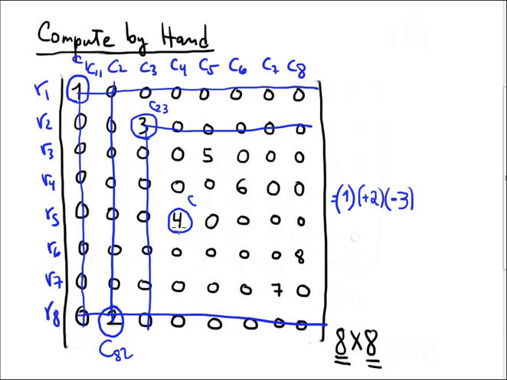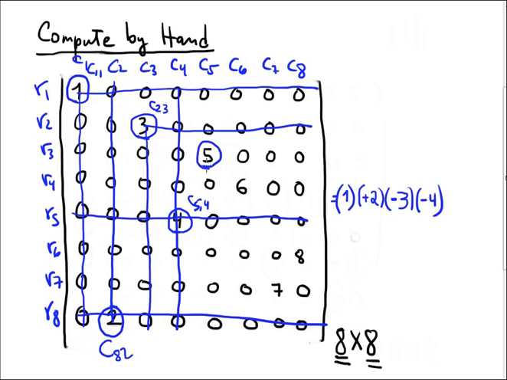This element is located in 5, 4. 5 plus 4 is 9, que es an odd number, entonces es negative 4. And you delete this column and this row. We continue navigating the determinant.